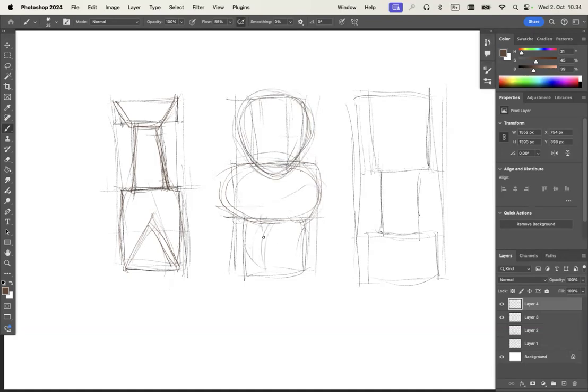I think you might understand now what's going on here. So I'm going step by step towards something that might become a human or animal character.